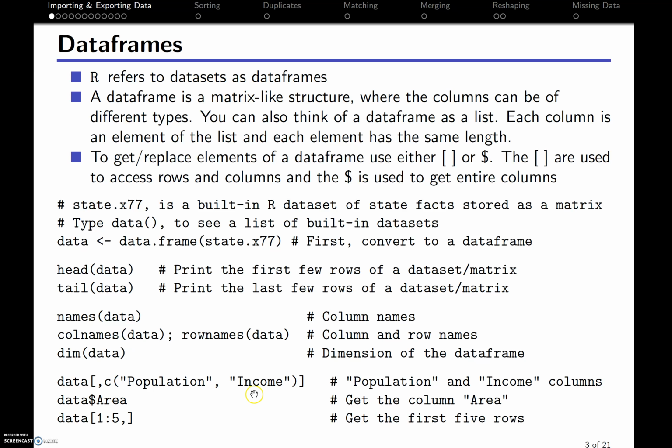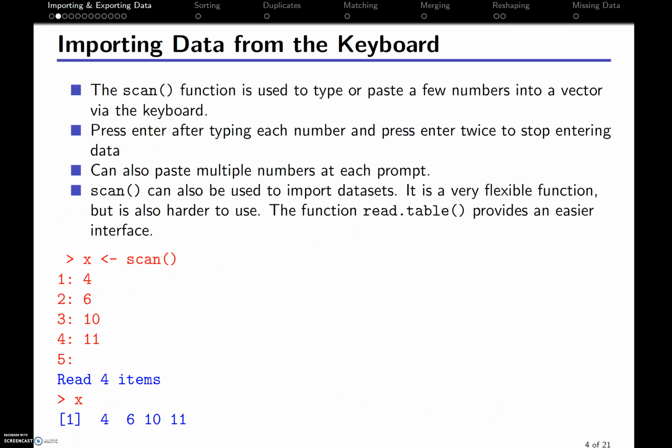So remember how we emphasized how to understand vectors and matrices, and that's because this really transfers quite directly. So if we want to get data directly from the keyboard, as in typing it in, we just need to use the scan function. So this is a way that's very low level, but might be useful in certain settings. When you run the scan function, all you have to do is assign that scan function to an object.